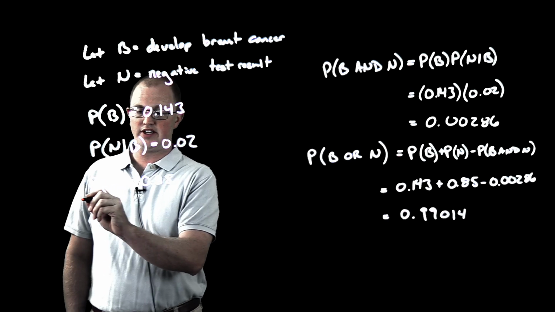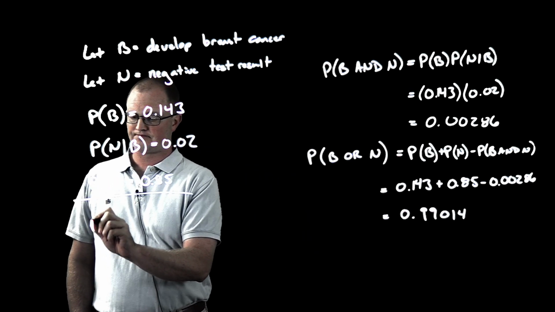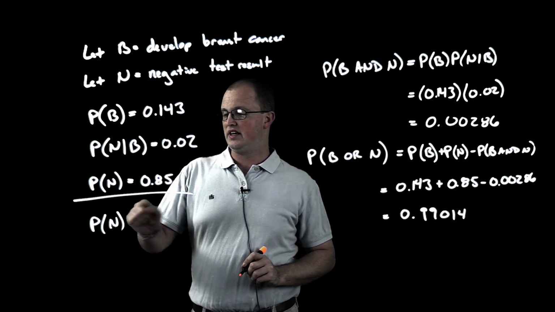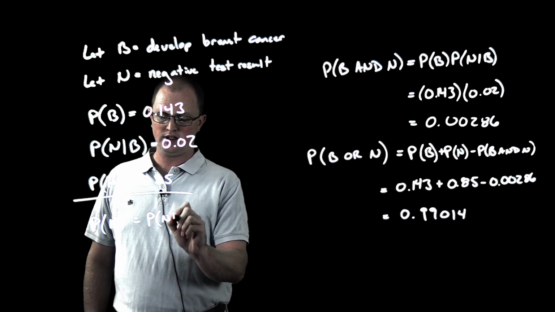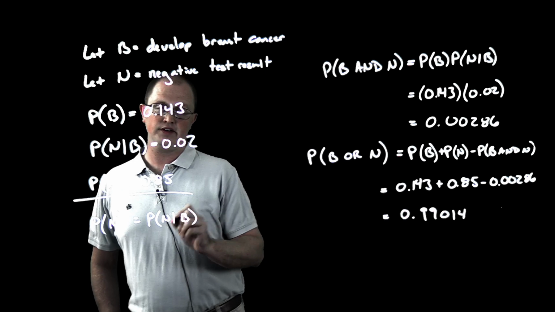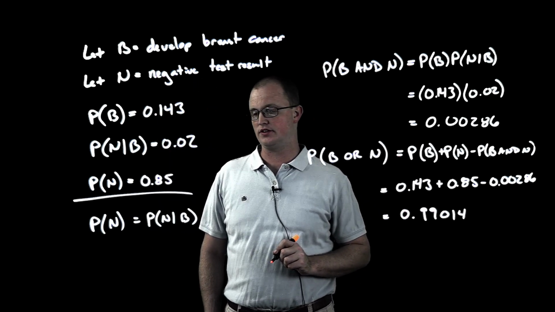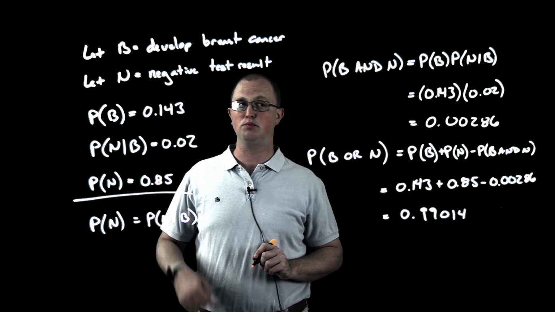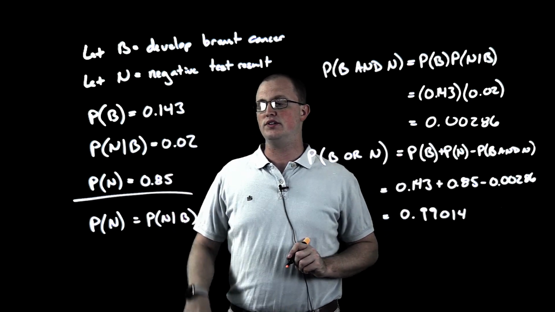Right? If they're independent, then what that means is that my probability of getting a negative test result should not change given whether or not the person is going to develop breast cancer. But we know that the probability of N is equal to 0.85, and the probability of N given B is equal to 0.02.